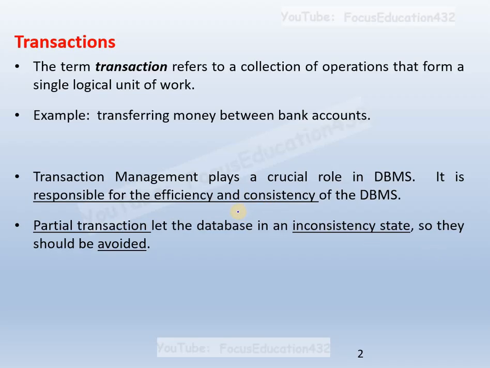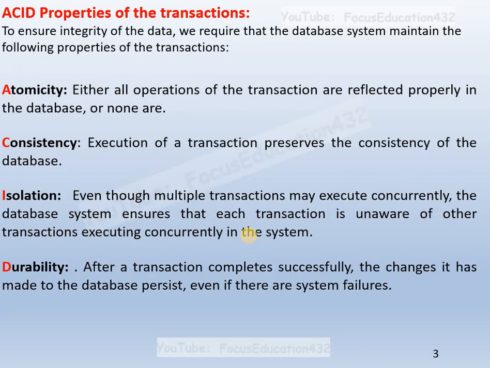That means whatever data we see in the database should be correct, so inconsistent data should not be shown to the user. For example, sometimes a partial transaction may occur, that means account A is updated and account B is not updated. At that time, the database system may end up in an inconsistent state, which should be avoided.